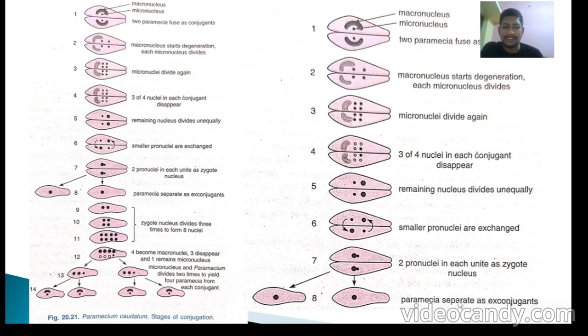Now coming to this diagram, you can see here on the left side, from each ex-conjugant 4 paramecia will be formed. So totally we have 2 ex-conjugants, hence 8 paramecia will be formed at the end of the conjugation process.